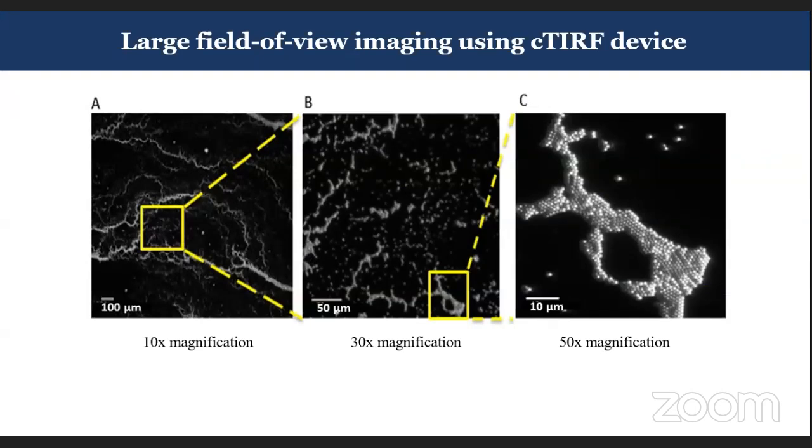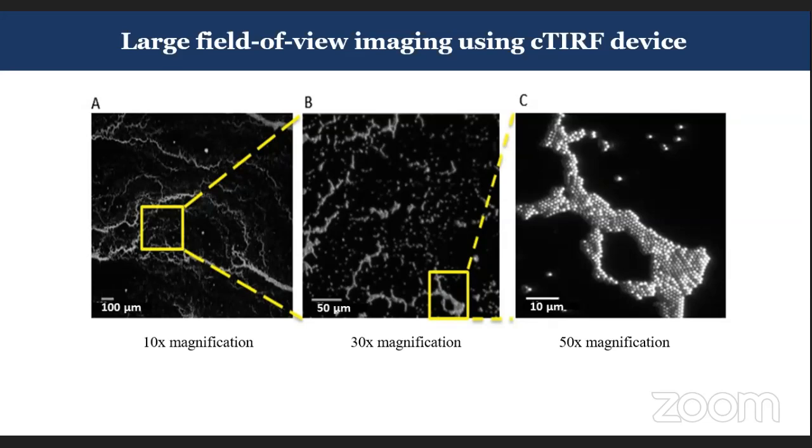In traditional TIR microscopy, the illumination comes through the objective, so you cannot change the objective. But here, since it is independent of the objective, I can observe the same sample at 10x, 30x, or 50x, or even 100x magnification.